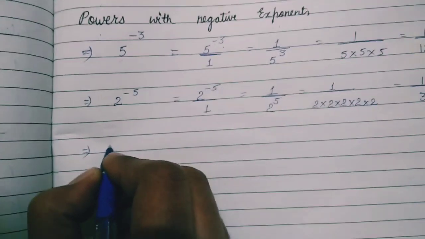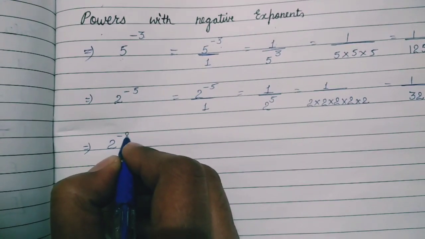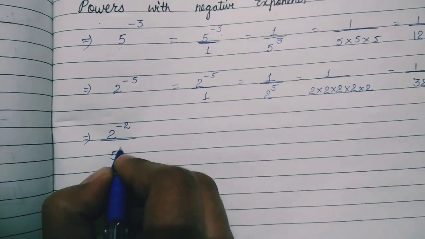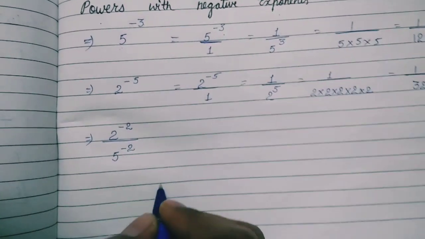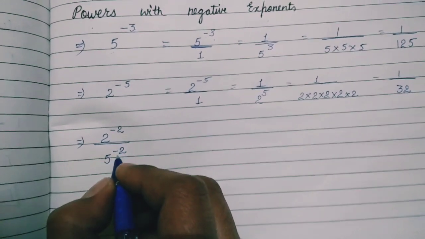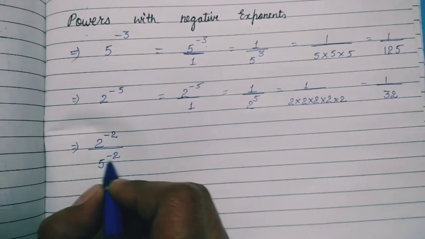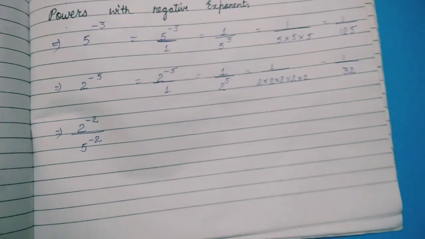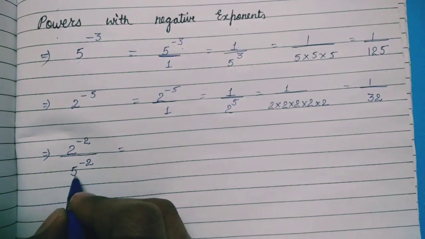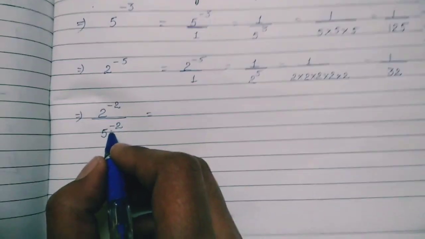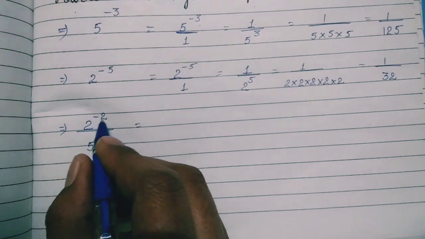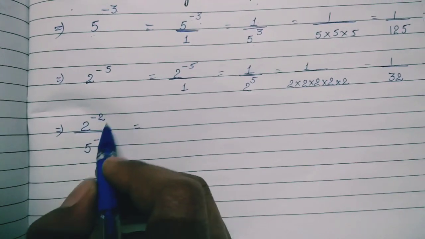If we have 2 raised to the power minus 2 and 5 raised to the power minus 2. On each side we have a subtraction symbol in the exponent. So we have to remove the minus symbol of the exponent of 2 to the power minus 2.